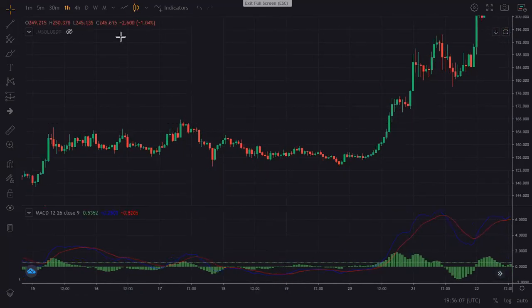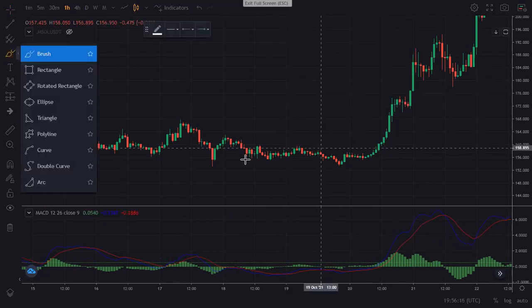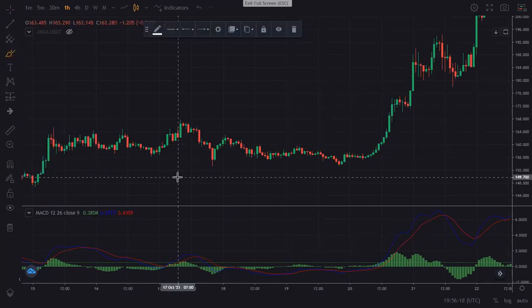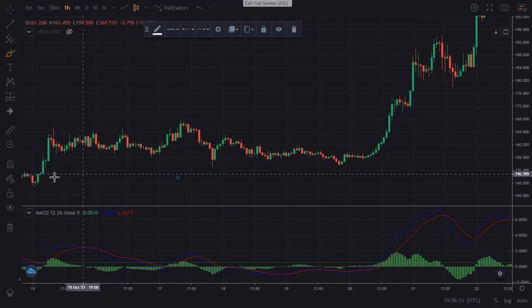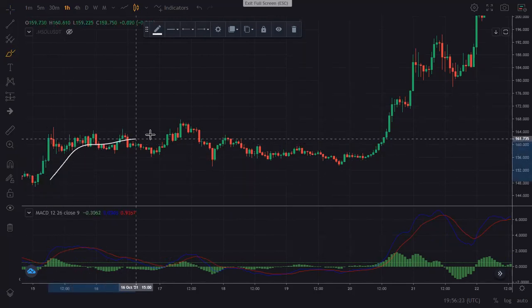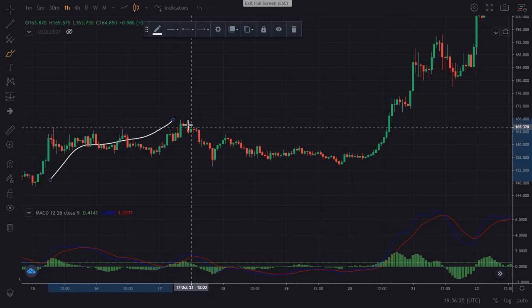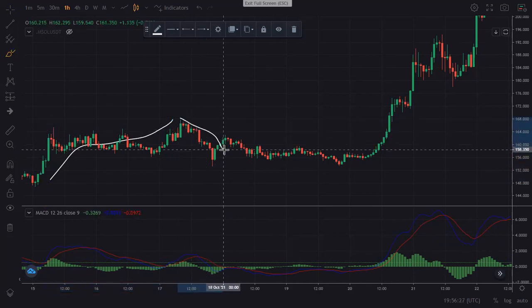Now, let me just start teaching how we identify a breakout. Now, looking at here, this market has gone up and it wants to breathe in. It breathes in.